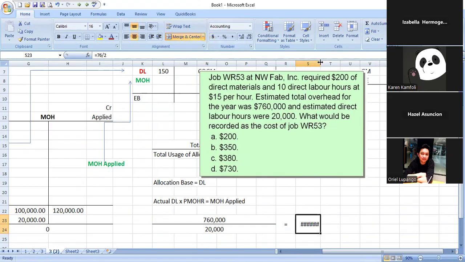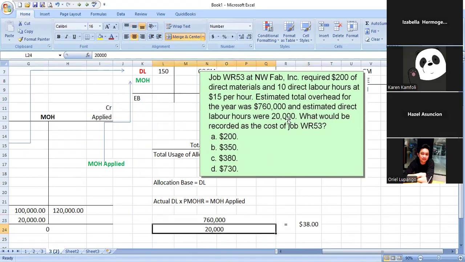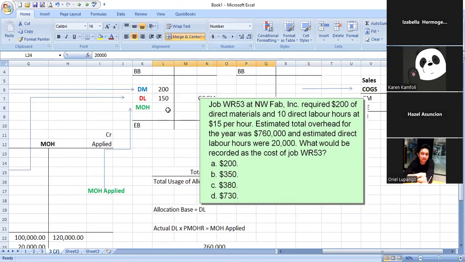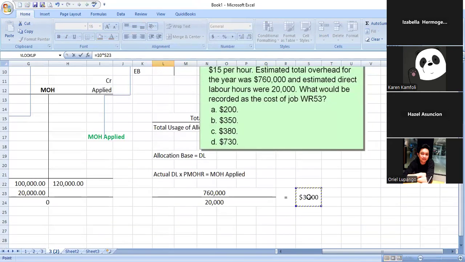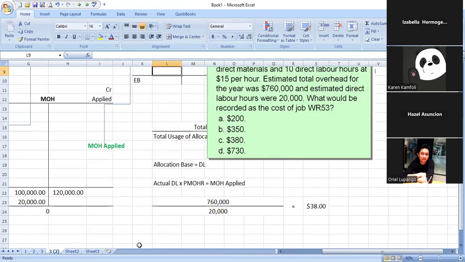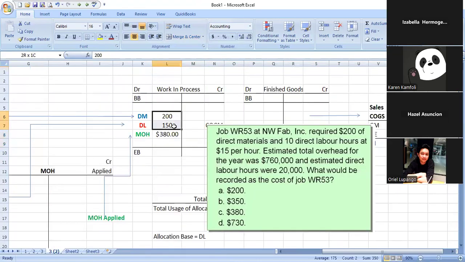Now, how am I applying my manufacturing overhead? Based on what? What's my allocation base? So technically, I'm asking what I'm using for my denominator. Estimated direct labor hours, right? So how many hours did they work? 10. So 10 times 38 is going to give you 380.